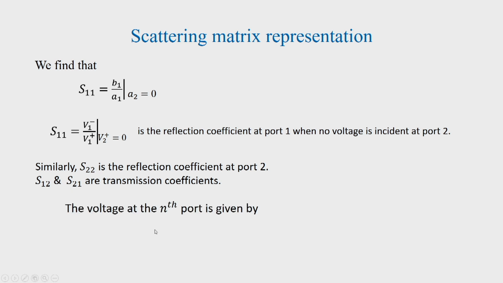Now, the voltage at the nth port is given by V n is equal to V n plus plus V n minus, and in terms of the parameters A n and B n, we can write V n to be equal to root Z 0 n times A n plus B n.